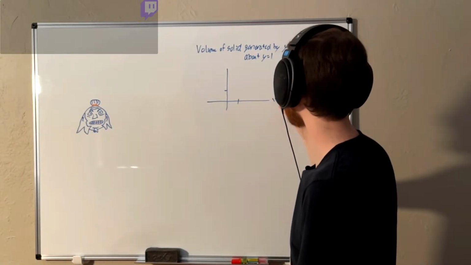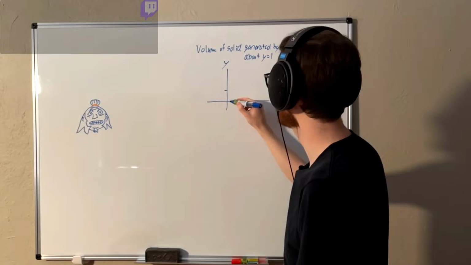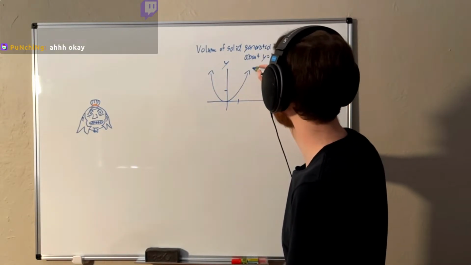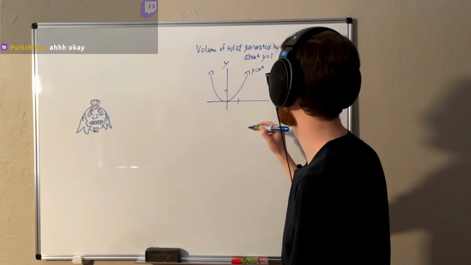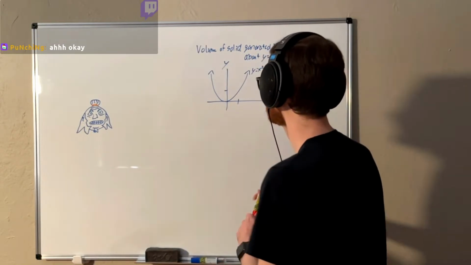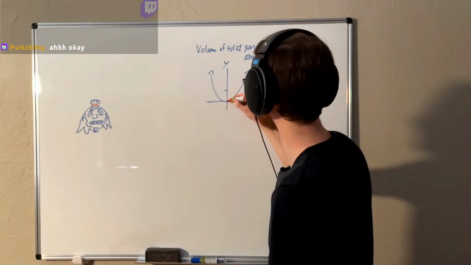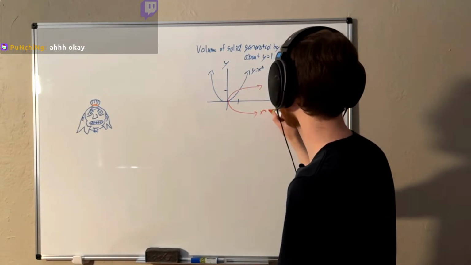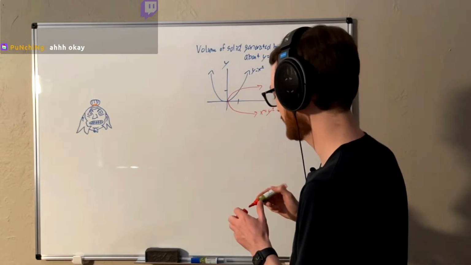So y equals x squared looks like that. x equals y squared looks like that.